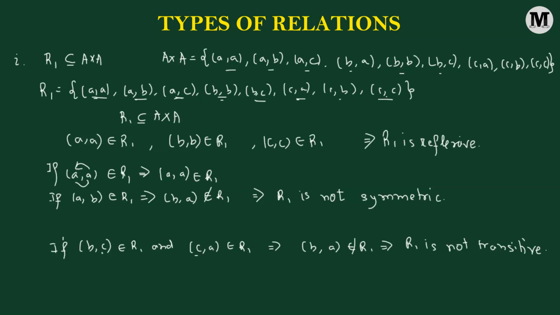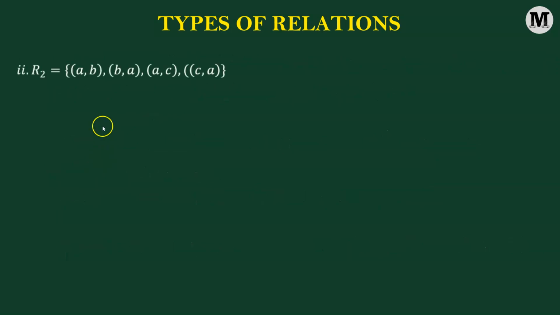Okay, let's go to the second one. Now we have another relation R2 containing four ordered pairs AB, BA, AC, CA. First, we are going to check for reflexivity. So we'll check whether R2 is reflexive or not. We always have to consider the original set A containing three elements A, B and C. As we have already mentioned, for any relation to be reflexive on the set A, the ordered pairs A comma A, B comma B and C comma C must be present.